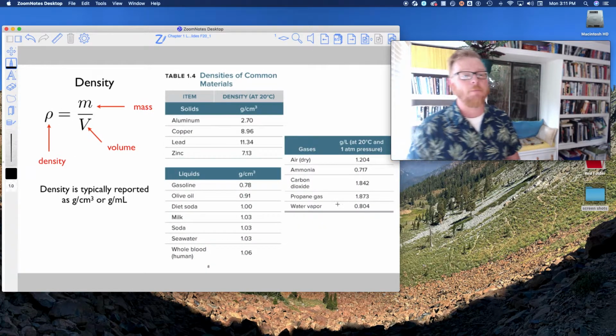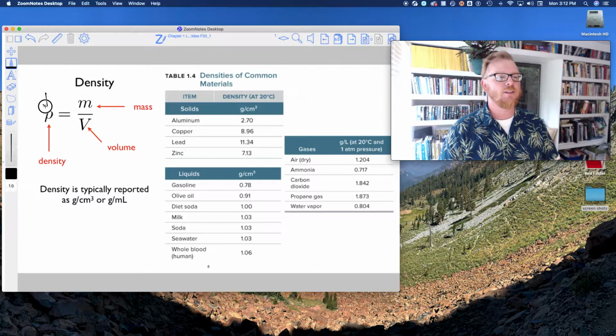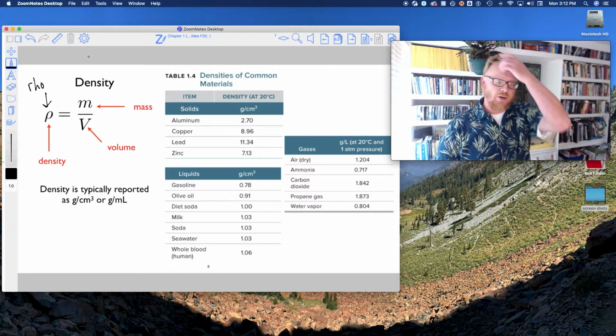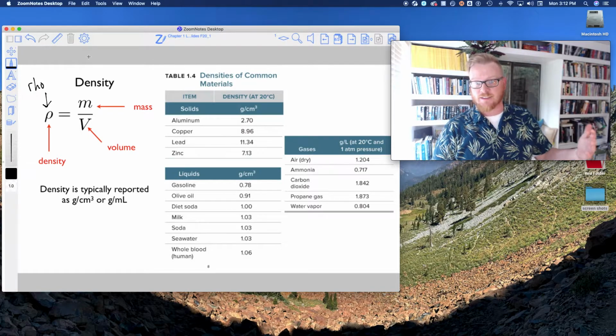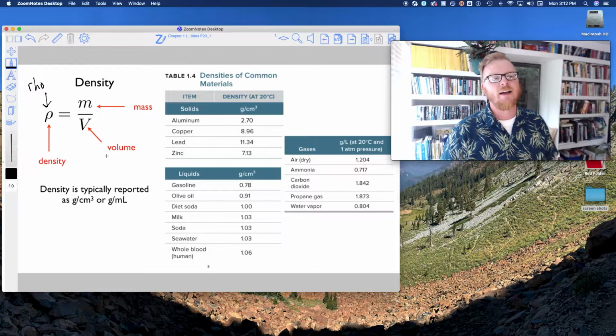So here is that formula I talked about. Mass divided by volume gives you density. This is a Greek letter rho, R-H-O. I don't expect you to memorize the Greek letters, though technically it does give the Greek letter rho. If you just want to remember it as D for density equals mass divided by volume, that's fine too.